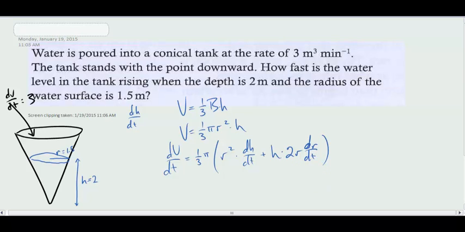But we've studied geometry, and we know that for similar triangles, their dimensions are always in proportion to each other. So if I were to jump over here, here's R and H, and the triangle that I have in my picture has a radius of 1.5 and an H equal to 2, we could write a proportion for this.